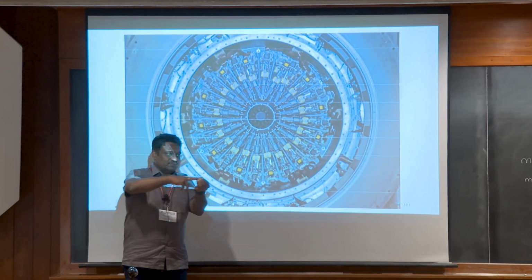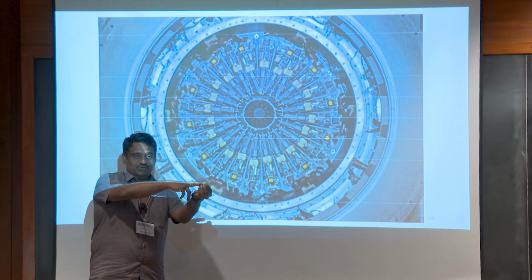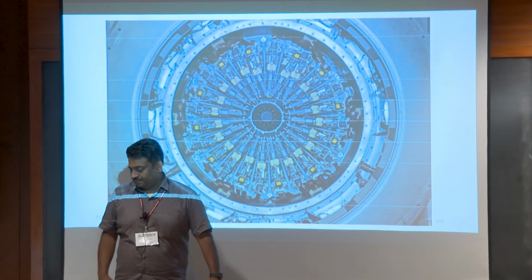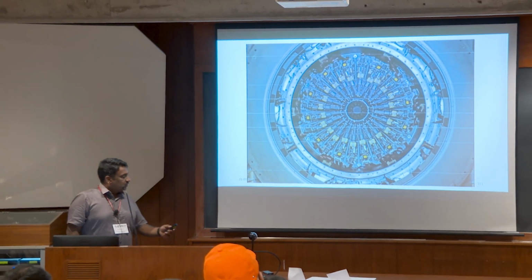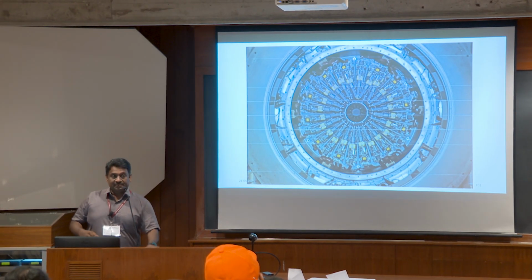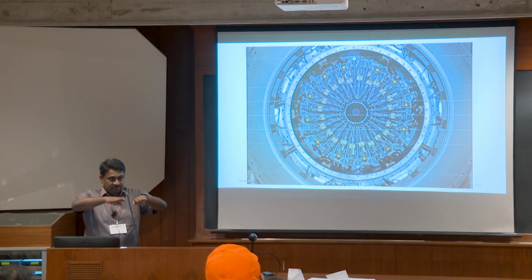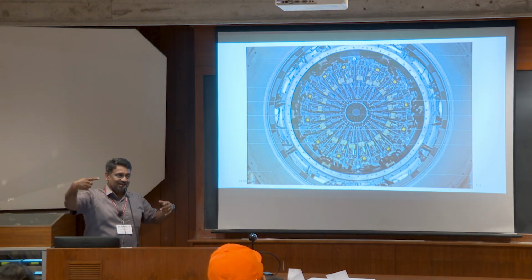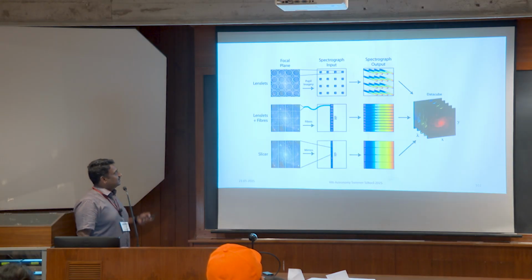It just moves wherever you have a star, looks at it, and takes the spectrum. But as the size increases, the focal plane becomes curved, which means your actuator has to take care of that also. It's not very trivial, but it's a fantastic thing.